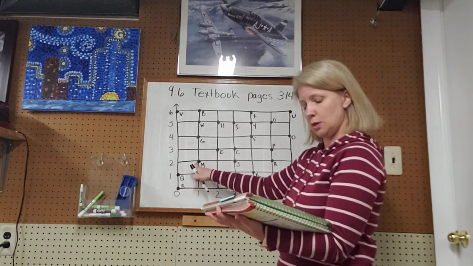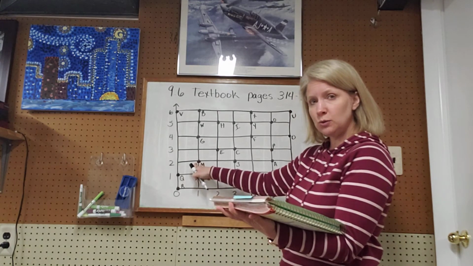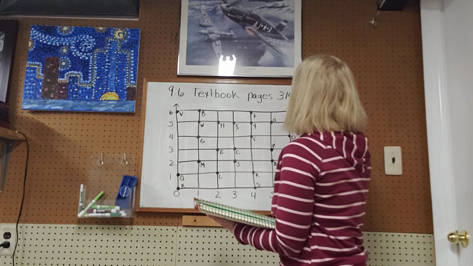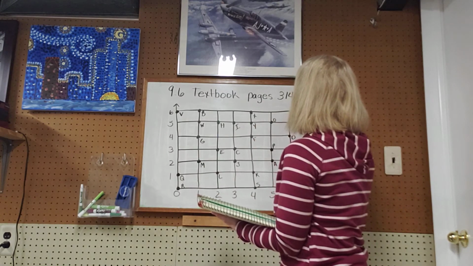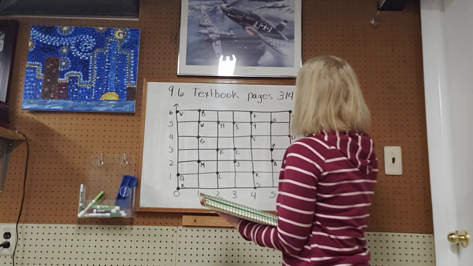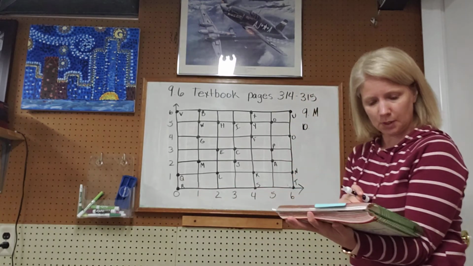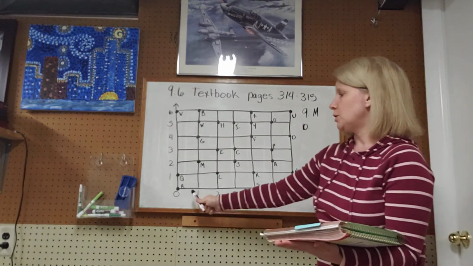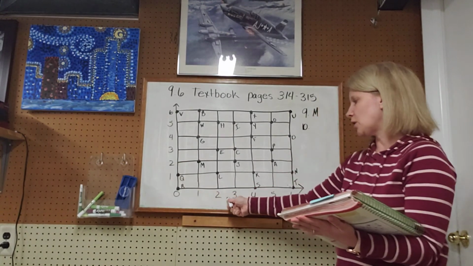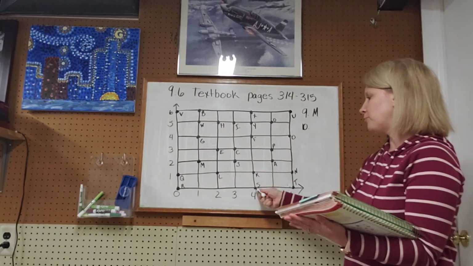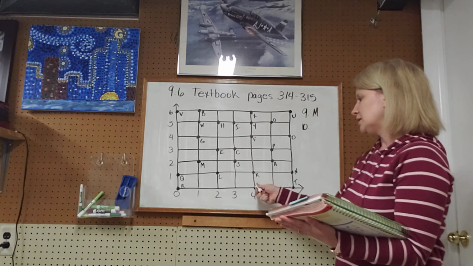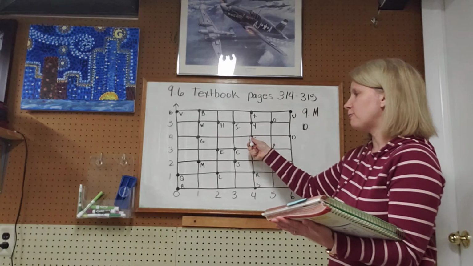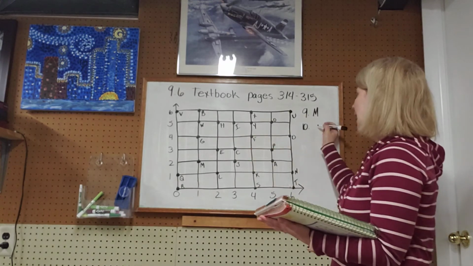So 9 would be the letter M. Let's look at 10. 4, 4. You go along the bottom first, all the way over to 4, and then you go up 4. This line's 0, so 1, 2, 3, 4. Coordinate 4, 4 is letter F.